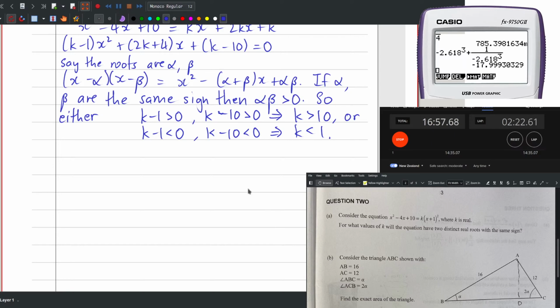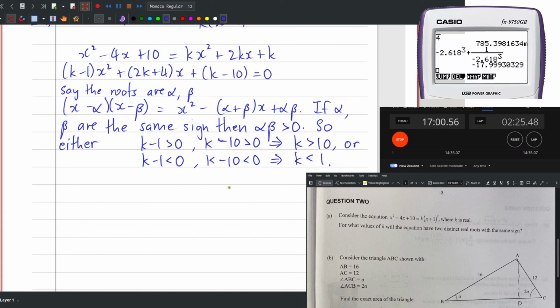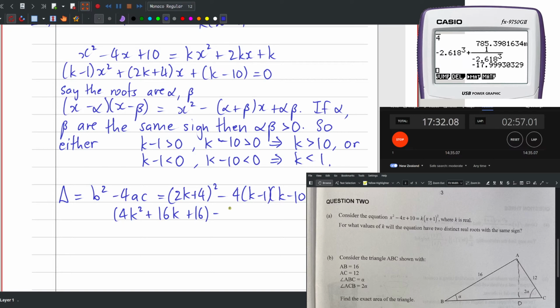Okay, so let's get the two distinct real roots part. So the discriminant is b squared minus 4ac, which is 2k plus 4 squared minus 4 times k minus 1, k minus 10, which has to be strictly greater than 0 for it to have two real roots. So yeah, so we just go 4k squared plus 16k plus 16 minus 4k squared minus 44k plus 40.